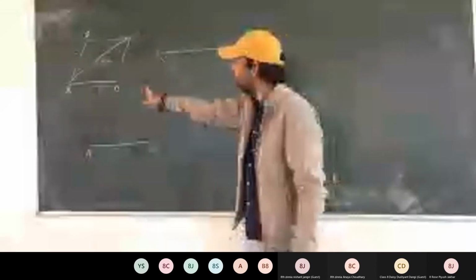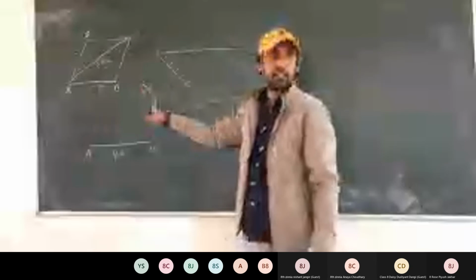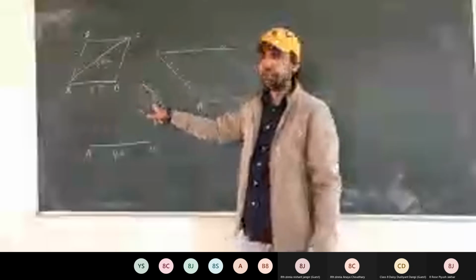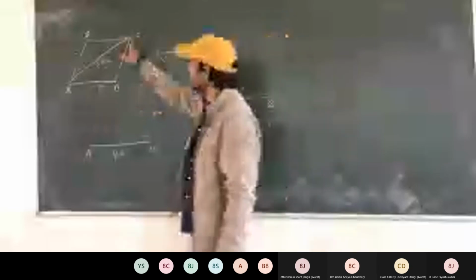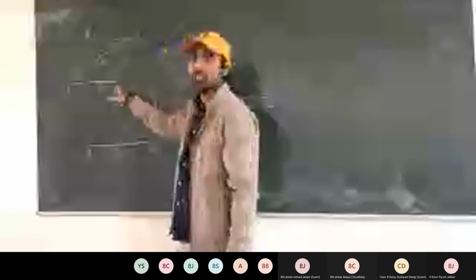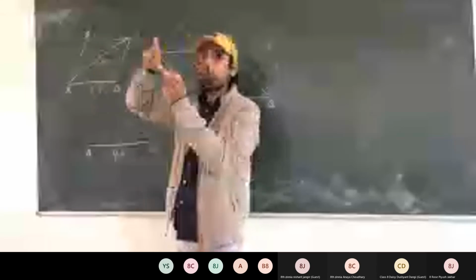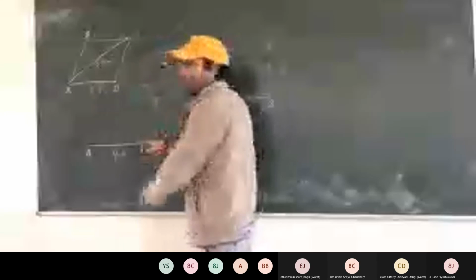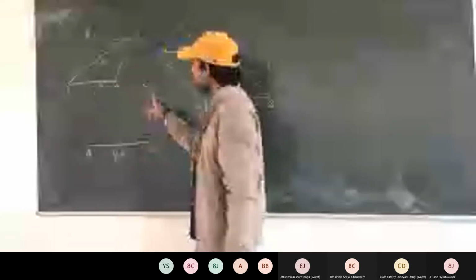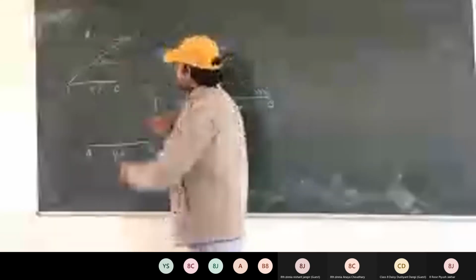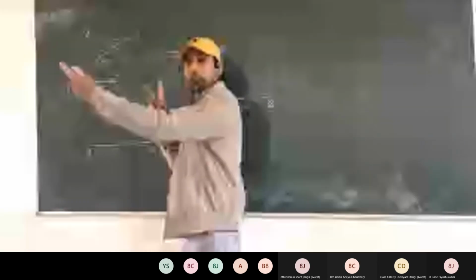And C is how far from B? 4.7 centimeters. So take 4.7 centimeters from B and make an arc. How to find D? Again 4.7, make an arc from A as well. Join. So try to complete these questions. The third question we'll discuss tomorrow. Thank you.